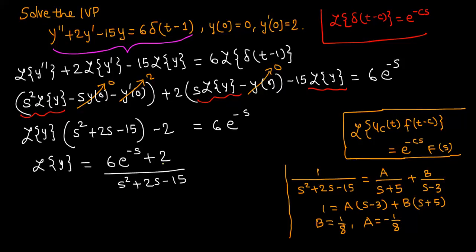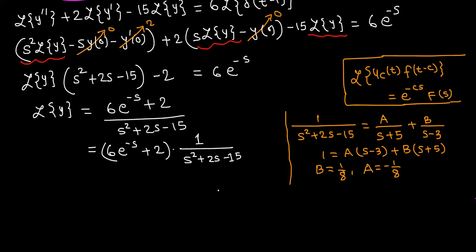So instead, let's write it as (6e^(-s) + 2) times 1 over (s² + 2s - 15), so that we can write the partial fraction decomposition for this complex fraction. This factors as (s + 5)(s - 3).